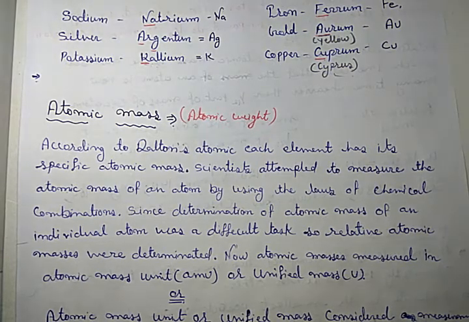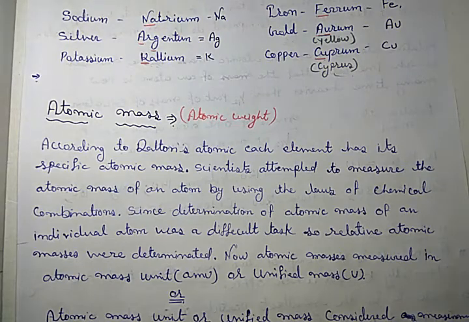But as you know, an atom is a very small structure. So physical weighing, that means how we weigh other objects like 1 kilogram sugar, 2 kilogram sugar, etc., that kind of measurement of an atom is not possible because it is a very difficult task. Therefore, a relative atomic mass concept was derived.